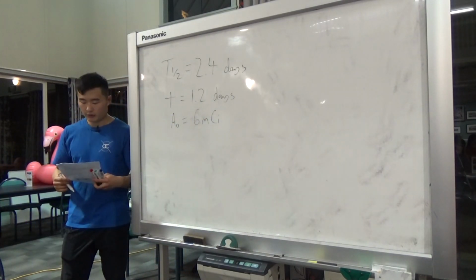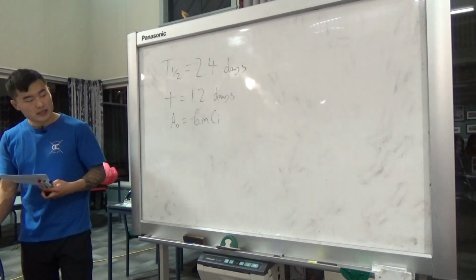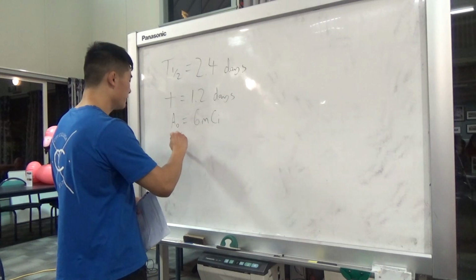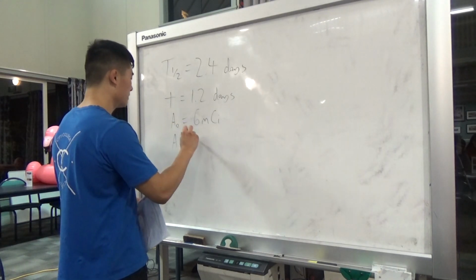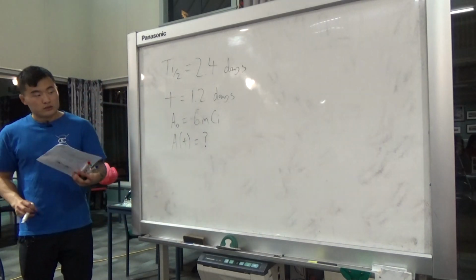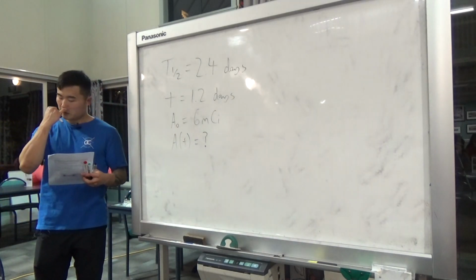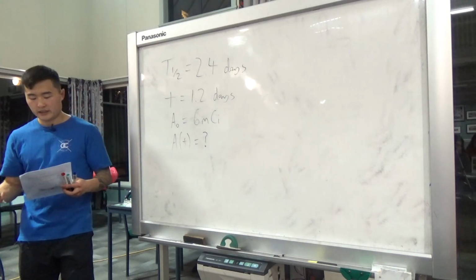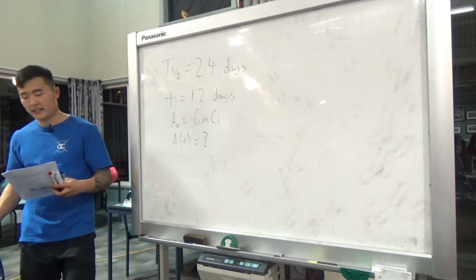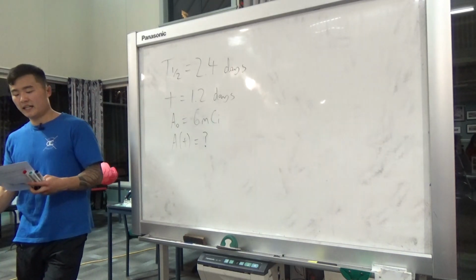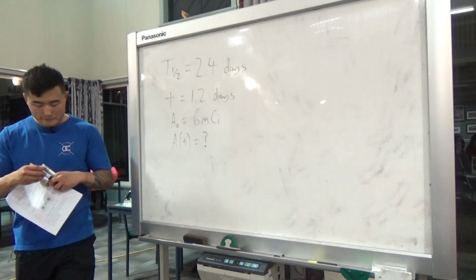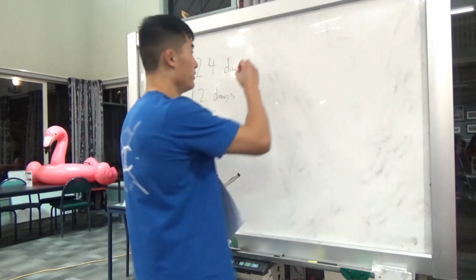Okay, so we want to know the activity after a certain time. So that's this one here. All right. Now we want the activity in 1.2 days to be in millicuries, which is the same unit that we've been given. So we can just leave that unit as it is. So here's our equation.